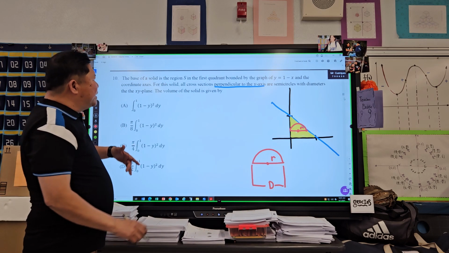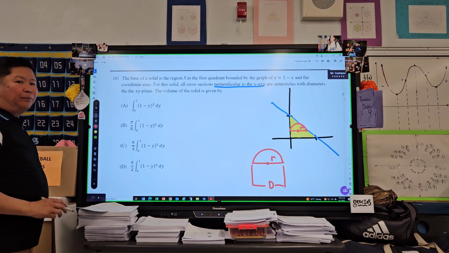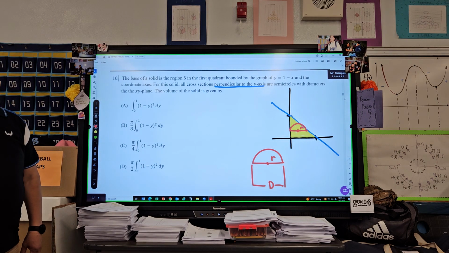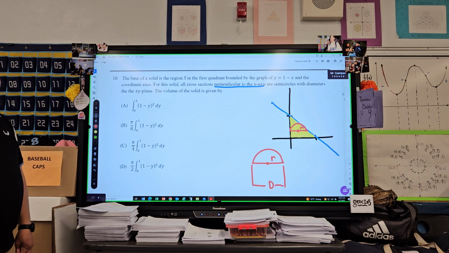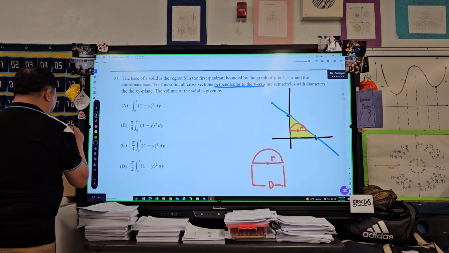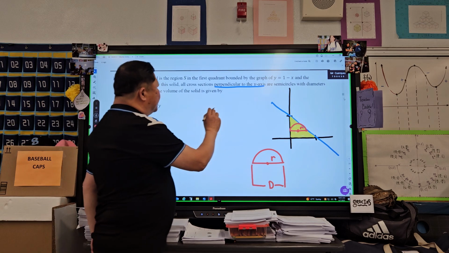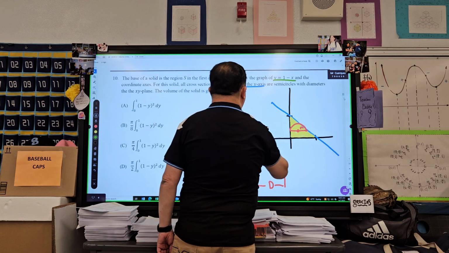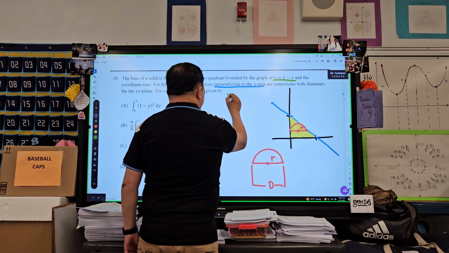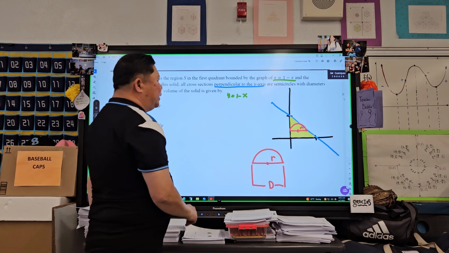okay. But since this is perpendicular to the y-axis, what do we do with the given function? Express it in x, right? Or we're going to have to rewrite this one. I just use green color for this function. So y equals 1 minus x. Therefore, what do we do?